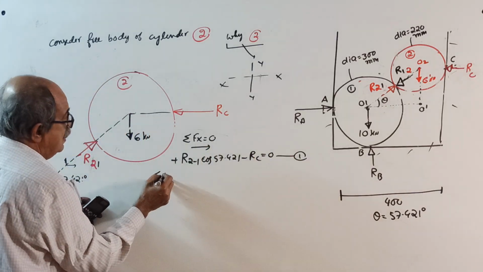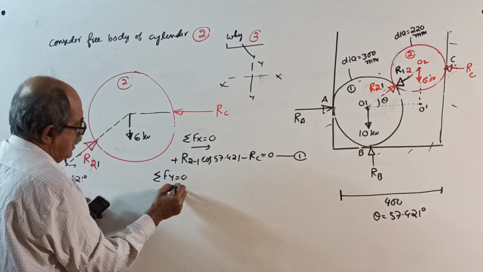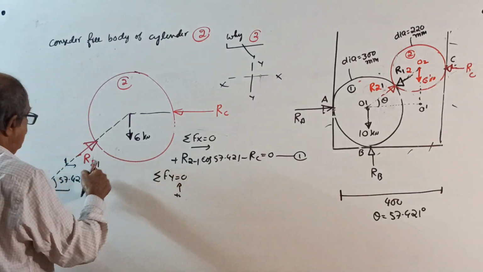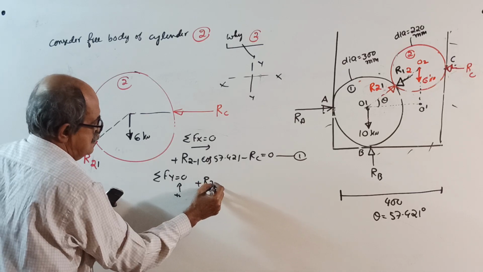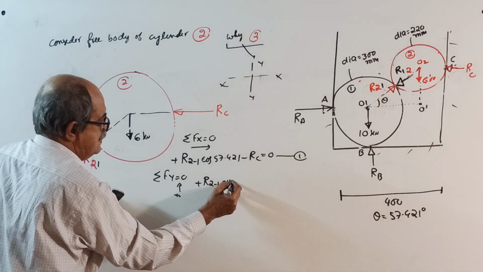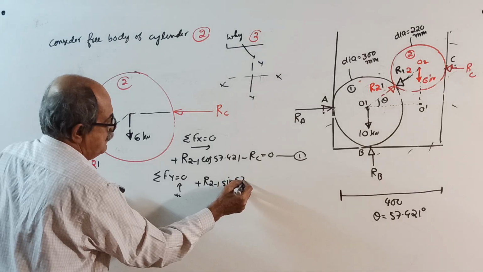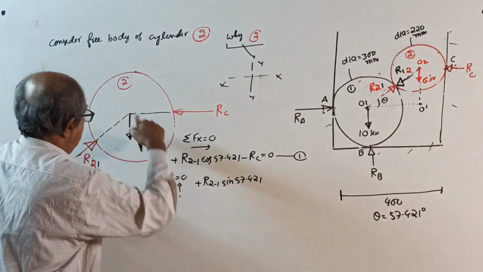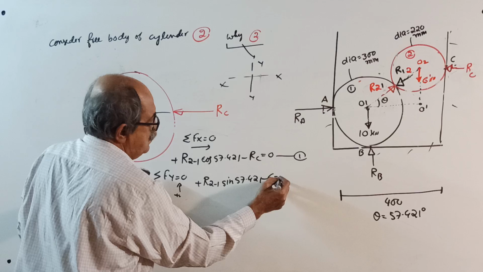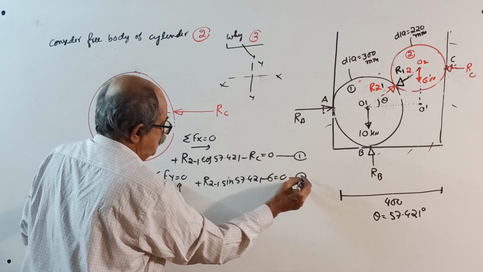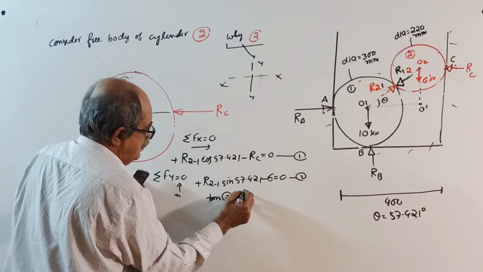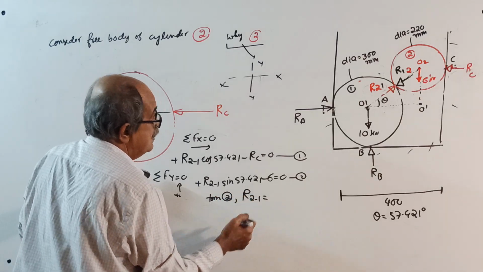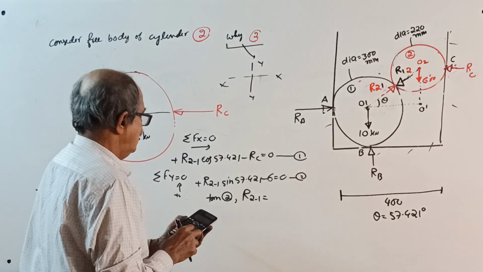Then sigma Fy equal to 0, upward positive. Plus R21 sin 57.421 minus 6 equal to 0, equation number 2. Actually, from 2 you will get the value of R21. This R21 you will get. How much is it?